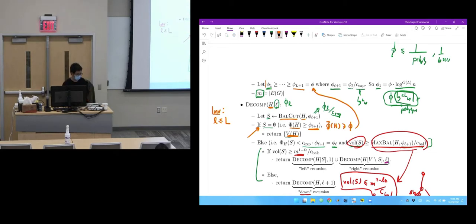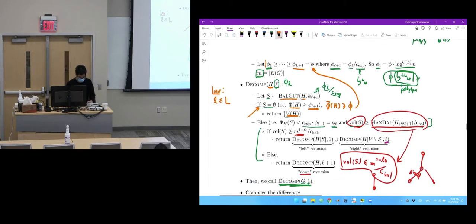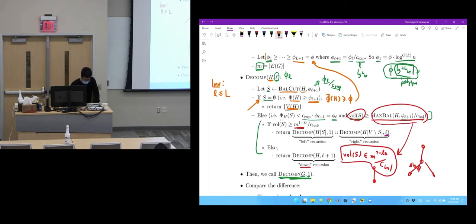And the next thing is about how many edges are crossing the partition. Well, we know that whenever we cut through anything, when we find a sparse cut, the sparsity of the cut is at most phi_1 times this thing times the approximation ratio.